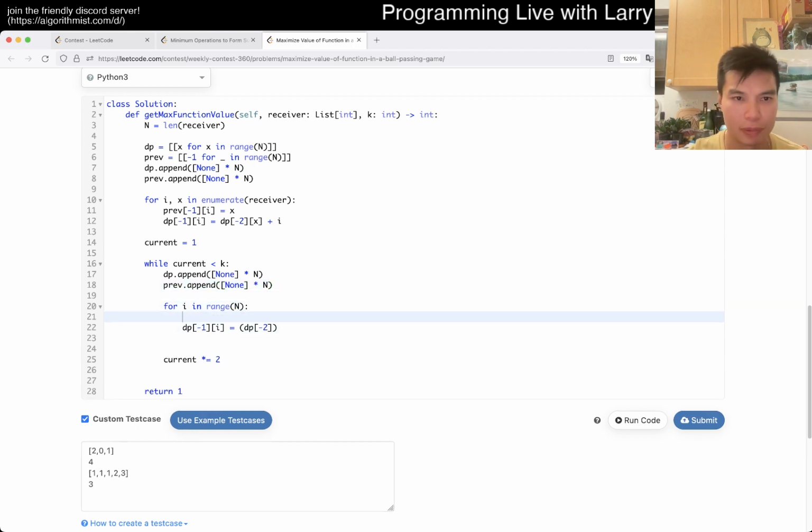Okay, and then now previous one to I is equal to basically this. Right, so you look at the previous and then you do it. For example, this previous is 1. Okay, I think this makes sense.